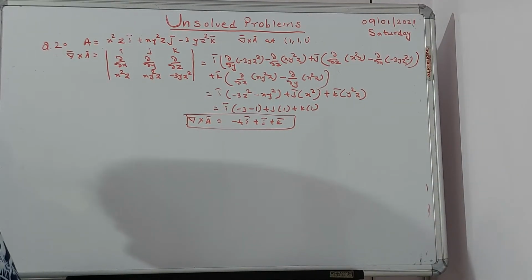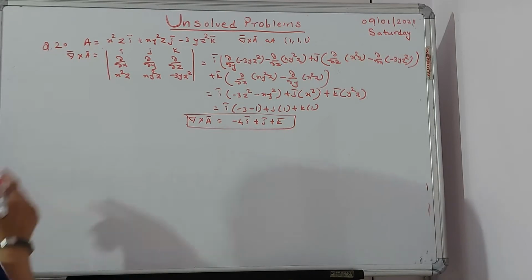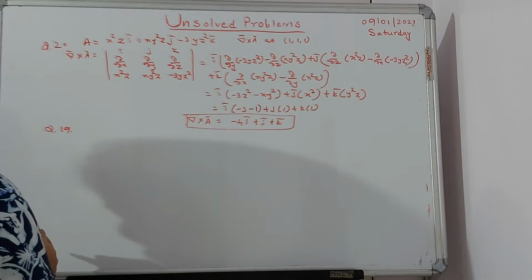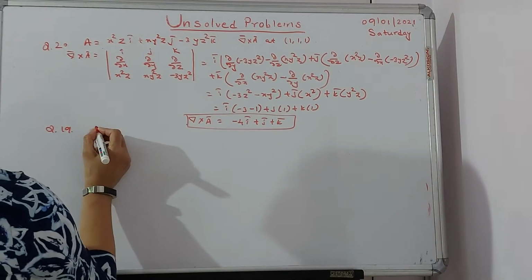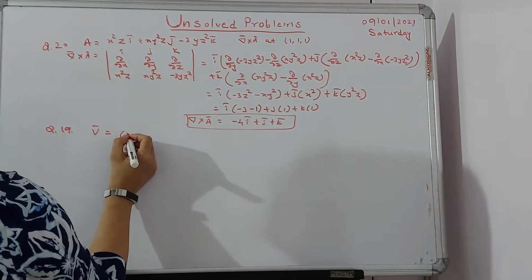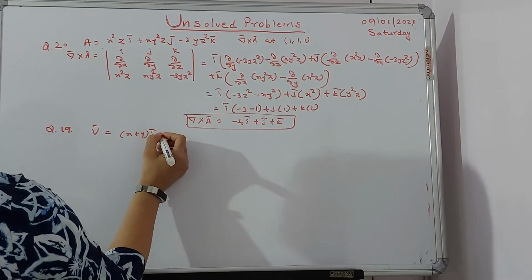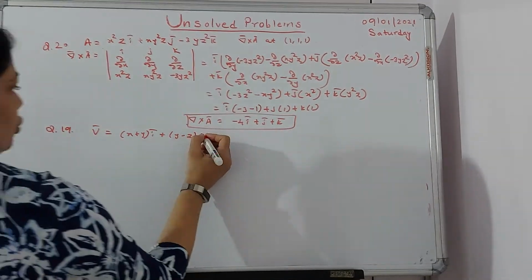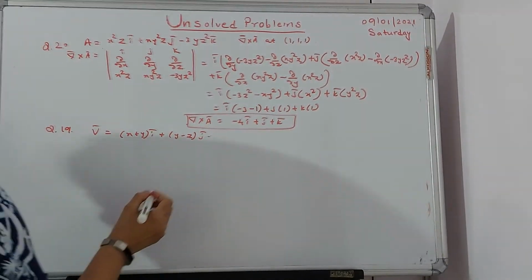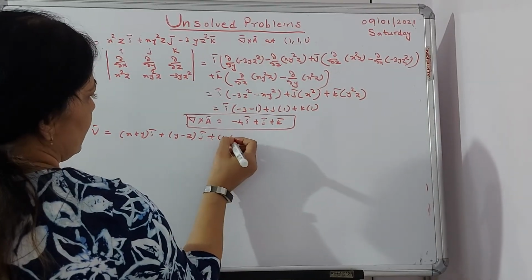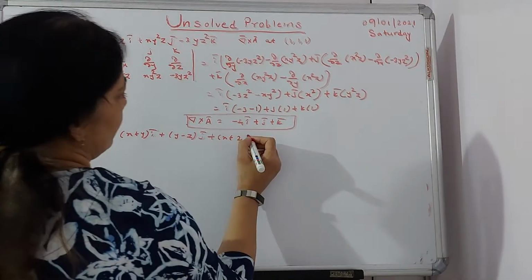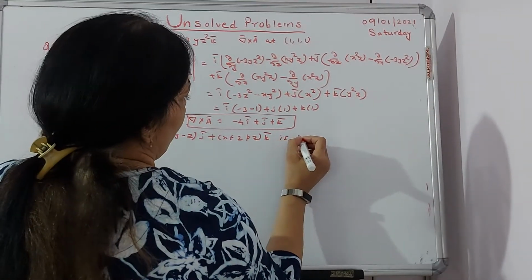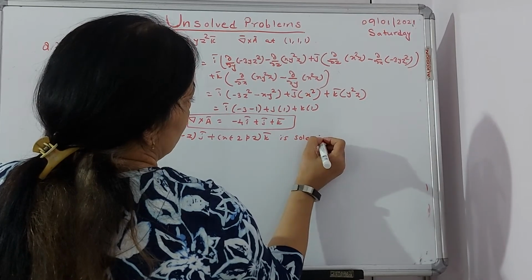After finishing 20, we will go to question number 19. Question number 19 is, determine the constant p such that the given vector V, which is x plus y times i plus y minus z times j plus x plus 2pz times k, is solenoidal. This we have done in theory.